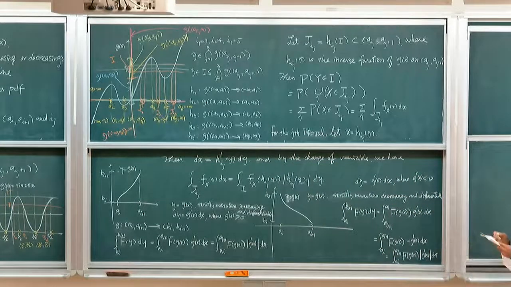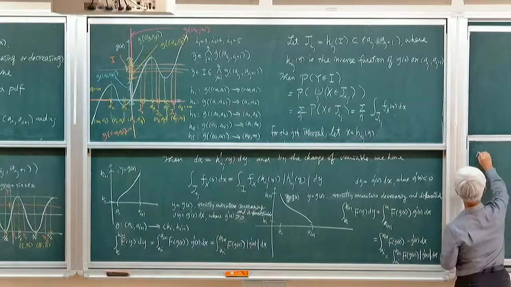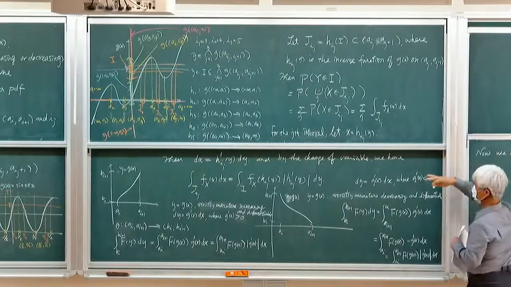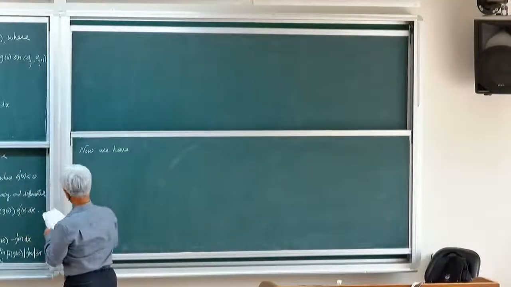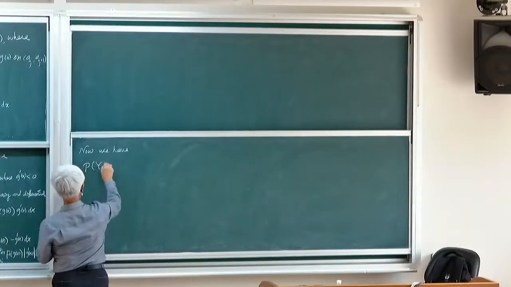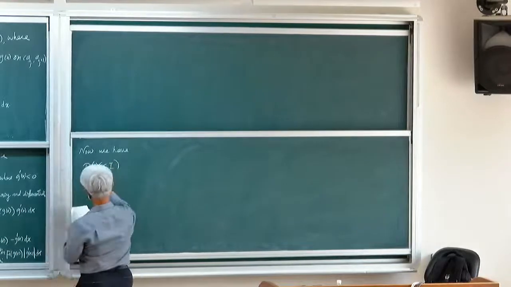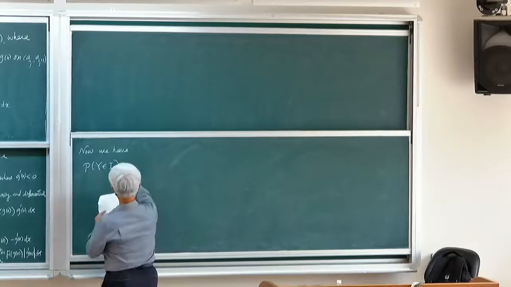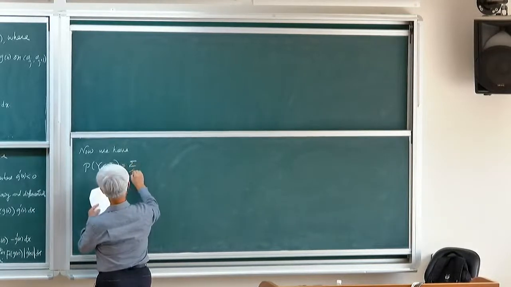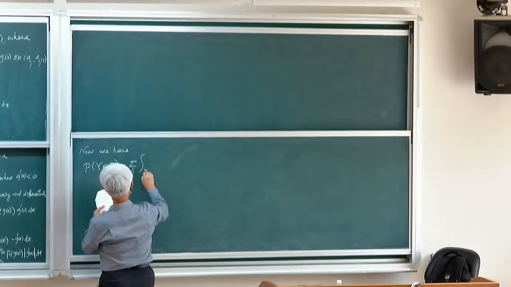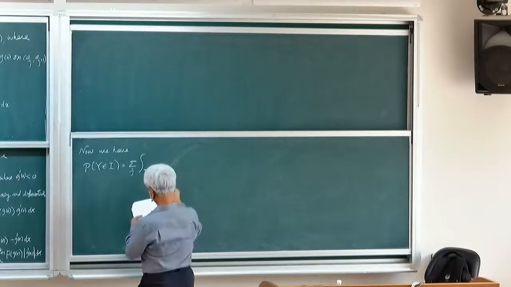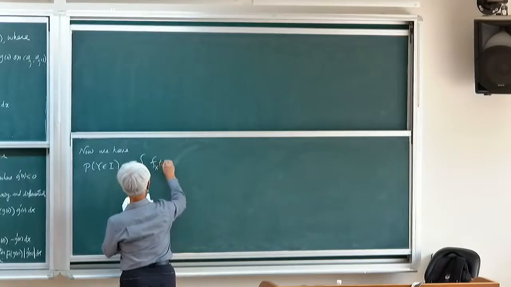All right, so now we combine them together. The probability that y is in this interval I is the summation over j. And now we have the same integration interval I here, but after the change of variable.